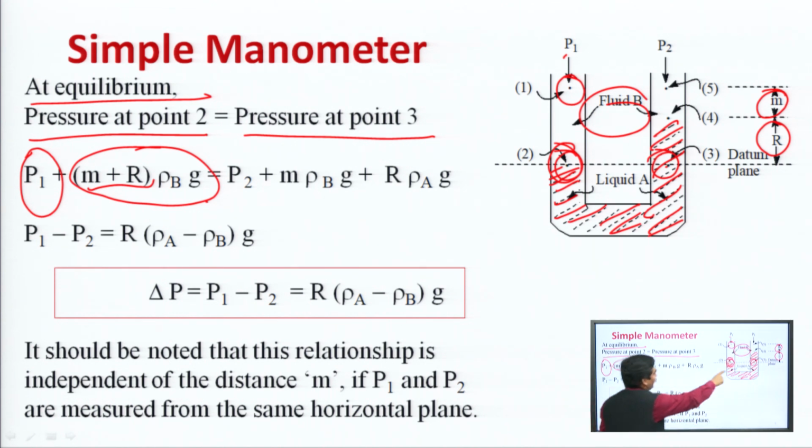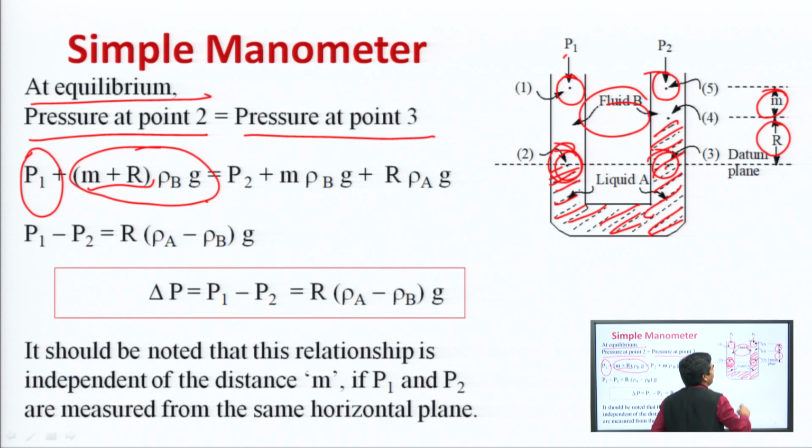Similarly, the pressure at point 3 will be the sum of the pressure at point 5, the pressure due to fluid B at point 4, and the pressure due to liquid A in this region exerted at point 3.